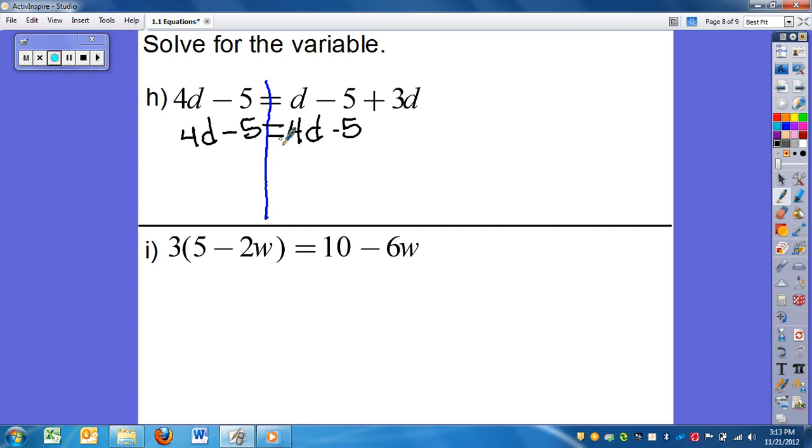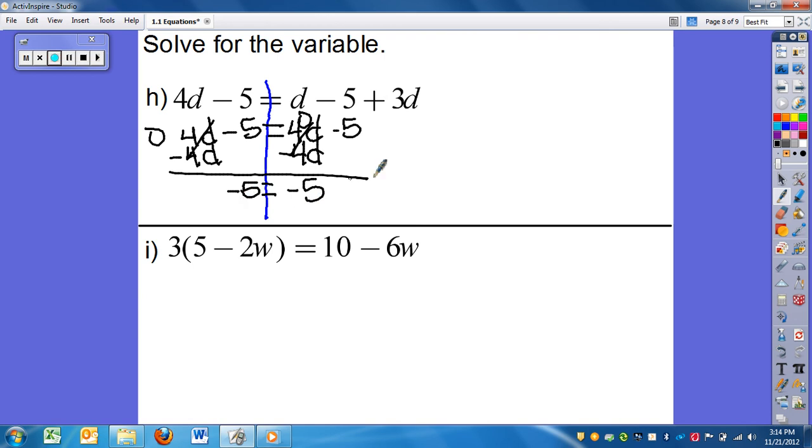Now you might see by inspection that the two sides are exactly the same, which is important for this special solution. So I'm going to move my d's. And I'm left with negative 5 because this becomes 0, and so does this. They essentially cancel out. So I get negative 5 equals negative 5.